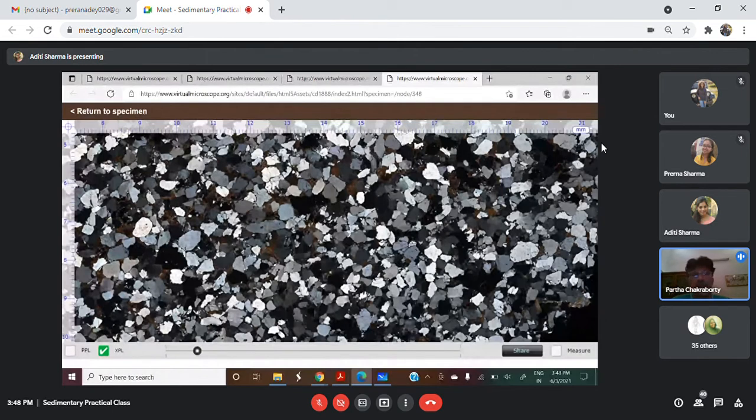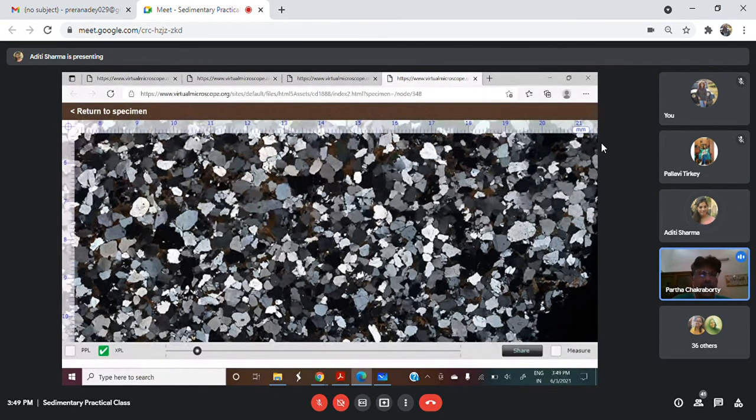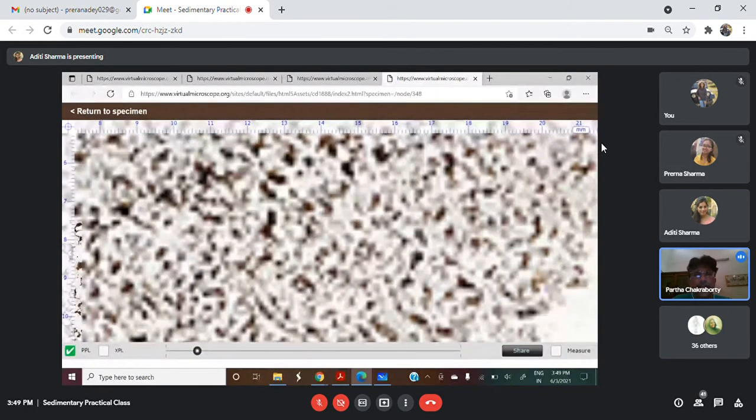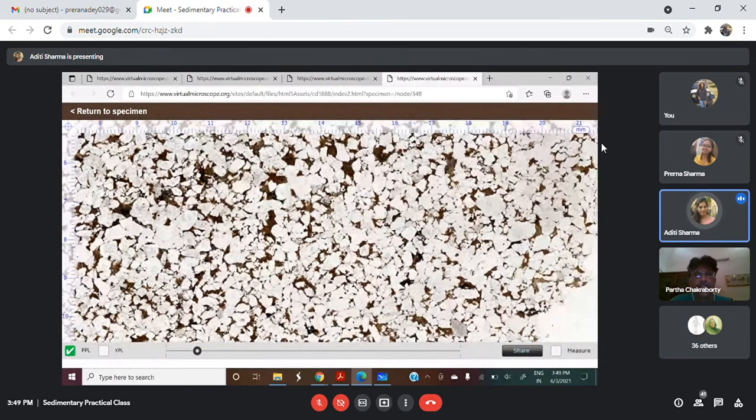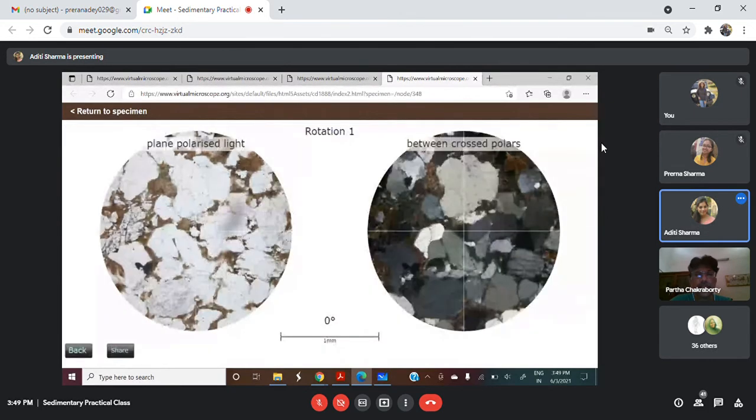Yeah, it is a quadrant, but there can be a better example from it also. Show its other face. Yes, keep it. Okay, sir.